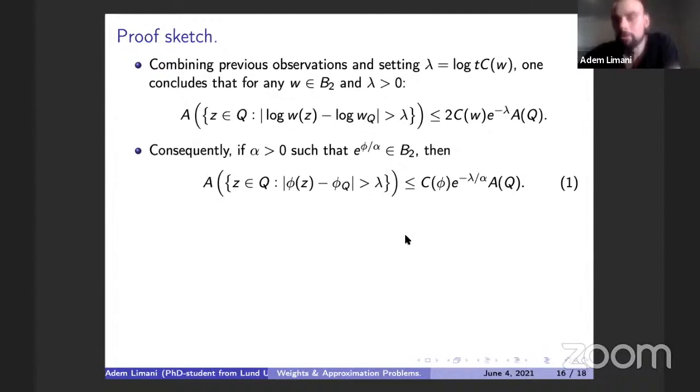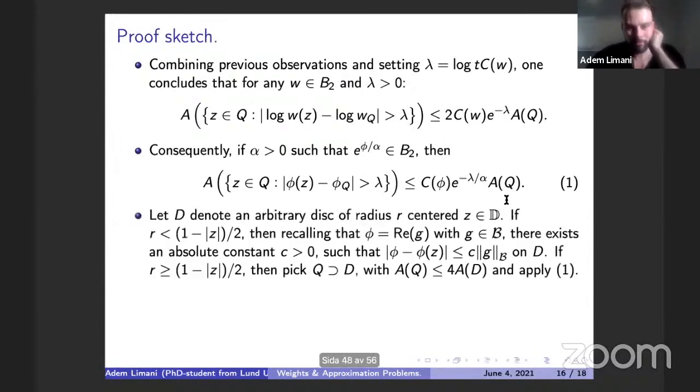Then we would like to apply this to the weight e to the phi divided by alpha, such that e to the phi divided by alpha is a B2 weight. For these B2 weights, we apply it, and what we get is this. Here, of course, is at an additional cost of maybe changing the constant c of phi, but that is not really important here.